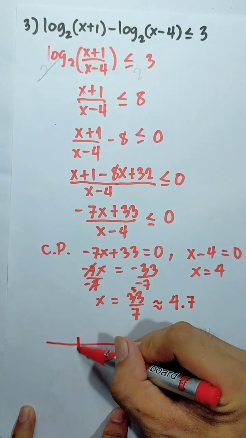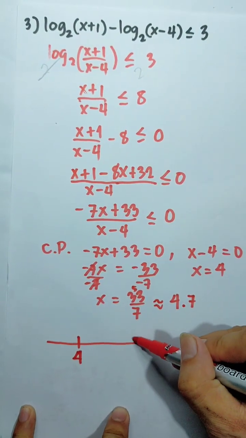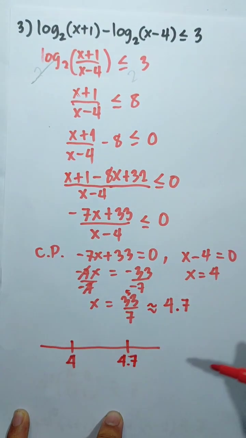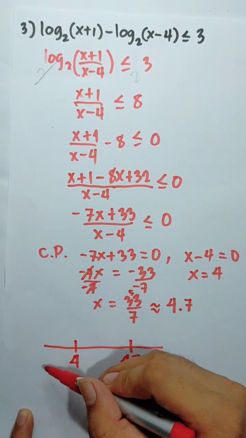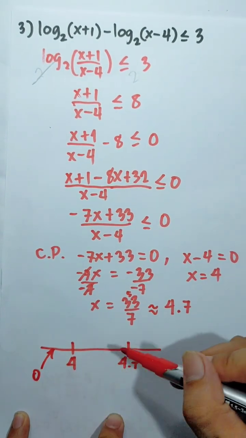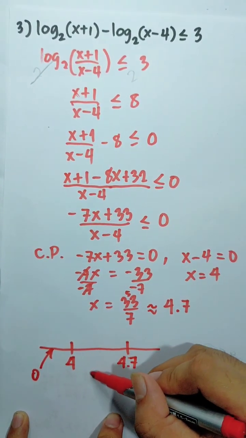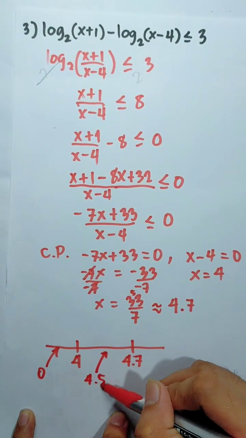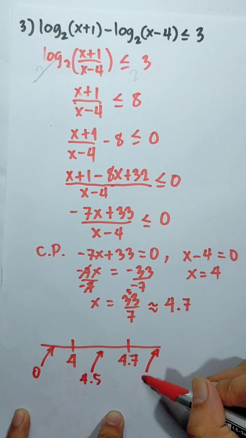So let's plot our points here, 4 and 4.7. We take a test point here, 0, easier. Between 4 and 4.7, let's take 4.5. And here we can take 5.